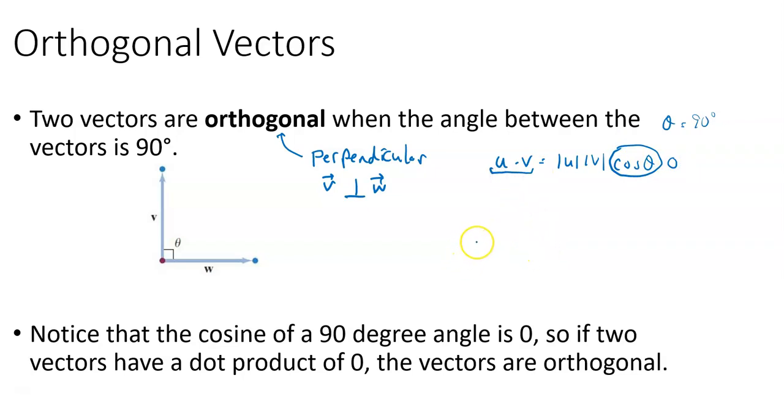So if the dot product is 0, the vectors are perpendicular. So if the dot product is 0, then the 2 vectors are perpendicular or orthogonal to each other. Which means sometimes the question might simply say, are these 2 vectors orthogonal? In which case you calculate the dot product, and that gives you the answer.